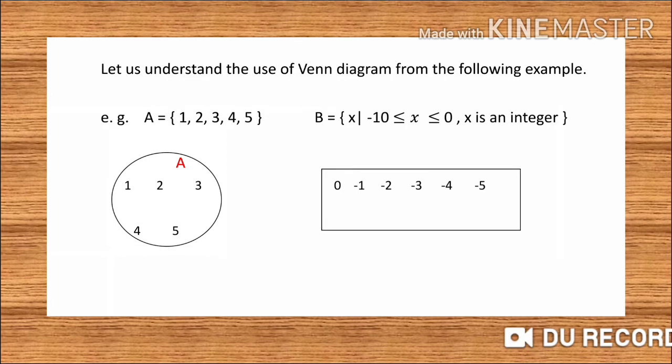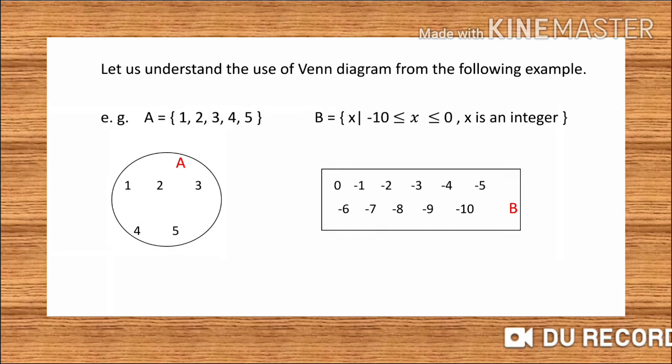Now, second example, B. B is a set of all x such that x is greater than or equal to minus 10 but less than or equal to 0, x is an integer.